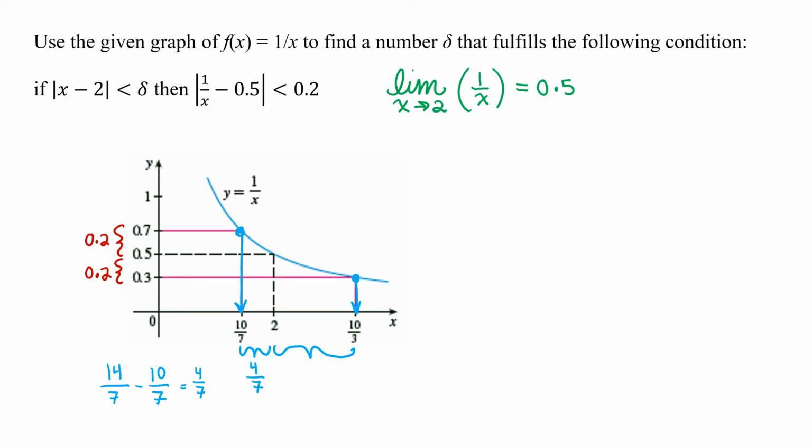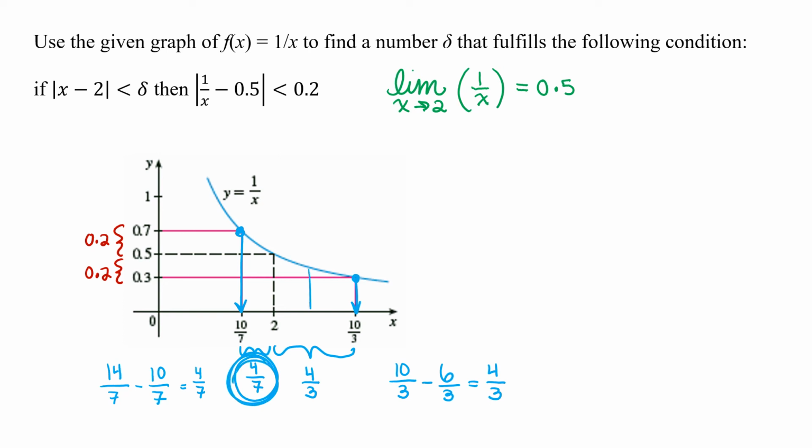And then we also need the distance between 10 over 3 and 2. So that'll be 10 over 3 minus 2, which is the same as 6 over 3. And 10 over 3 minus 6 over 3 gives us 4 over 3. And we just want to choose the smaller number, which is 4 over 7.